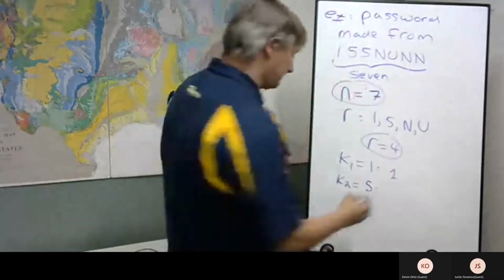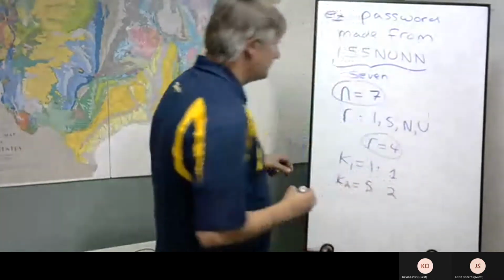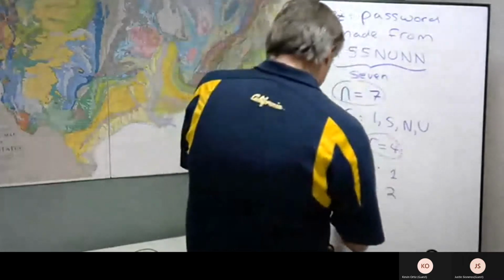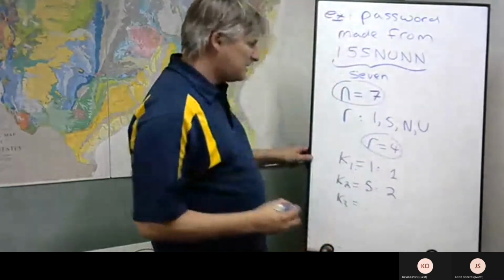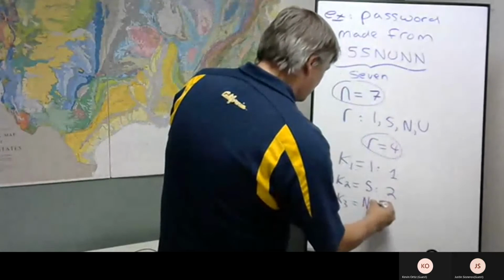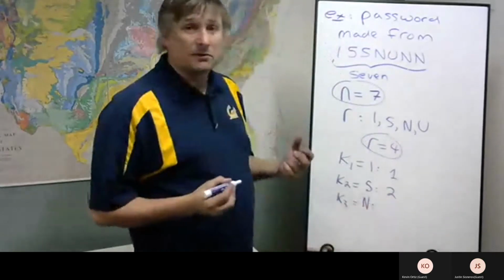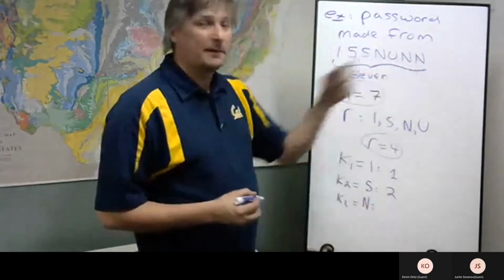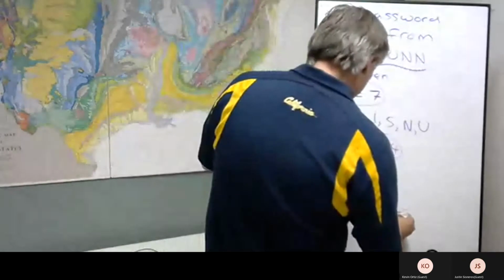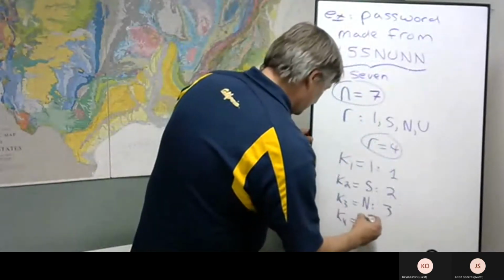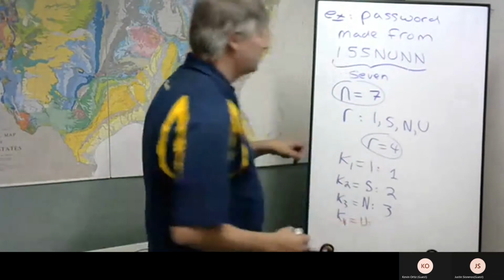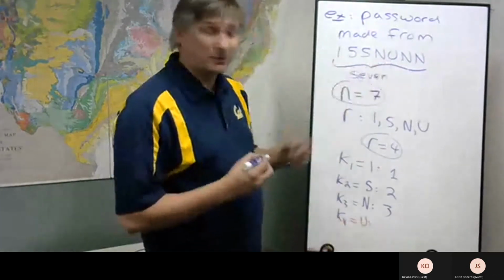Well, there's 2. Now for K3, let's let K3 be the N group. How many Ns are there? Well, there's 1, 2, and 3. So we got 3. And then finally, K4, this will be the U. How many Us are there? There's only 1.